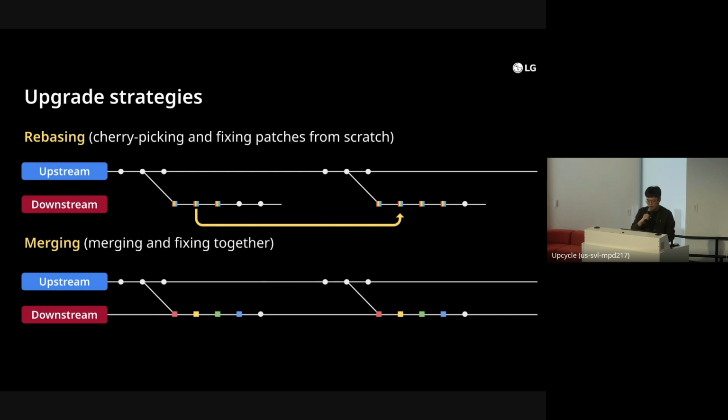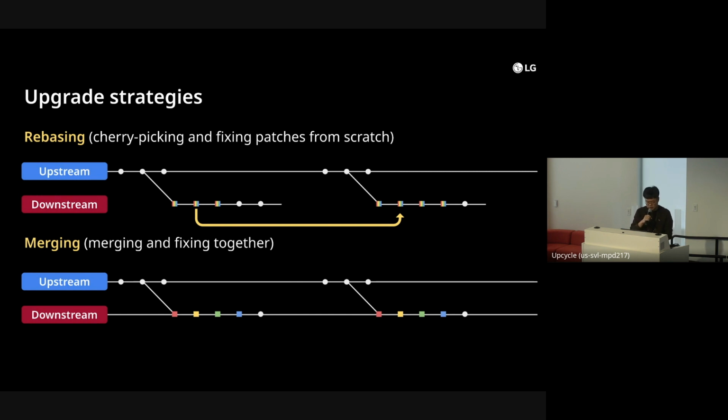And when we were upgrading to another version, we repeated everything from scratch. In our current strategy, merging based one, we make a merge commit and resolve conflicts and fix errors. We are not handling downstream patches individually, and we do not work from scratch.